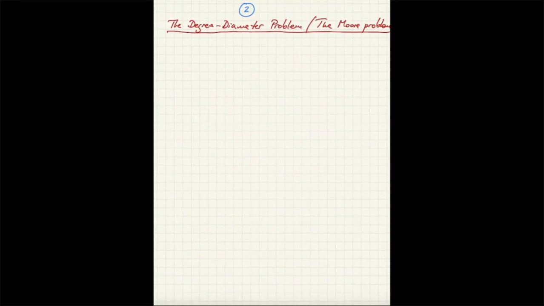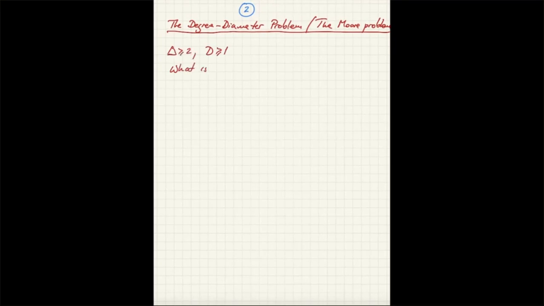So there's a question on your homework about this. We are given delta, let's say in our homework greater or equal to 3, and a diameter d, say greater or equal to 1. Let's just do delta greater or equal to 2.